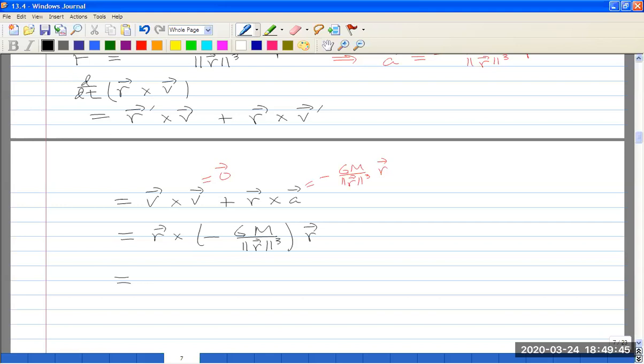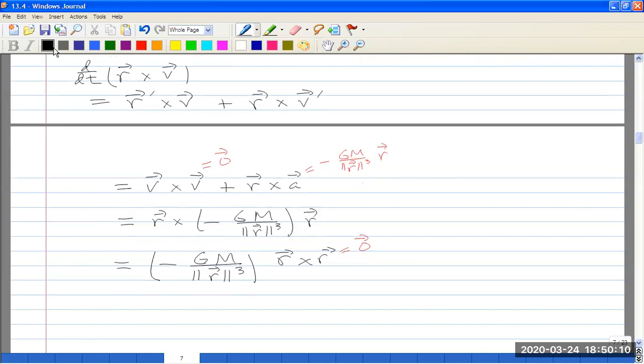I can take this constant, GM over r cubed, out in front, since this is a scalar function, times the cross product r cross r. But as above, when you cross a vector with itself, you just get 0. And so this is equal to 0.